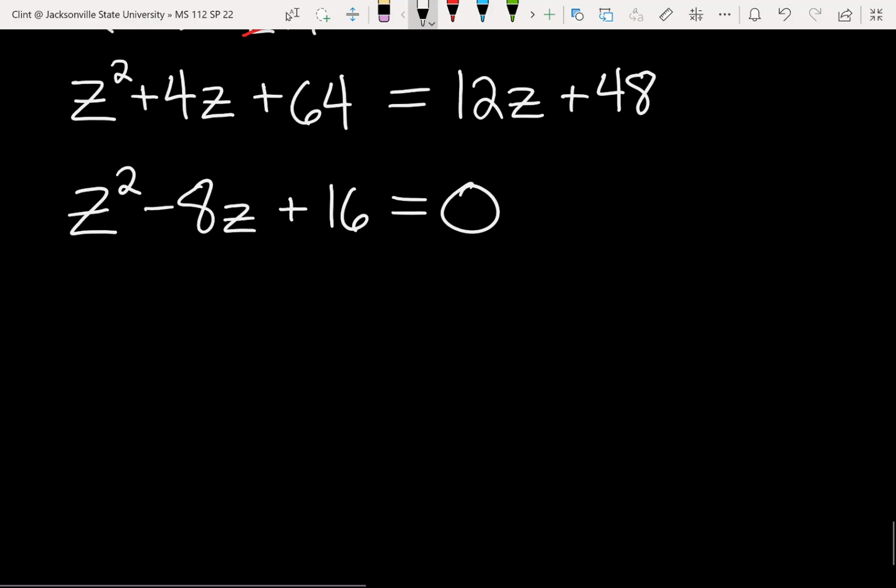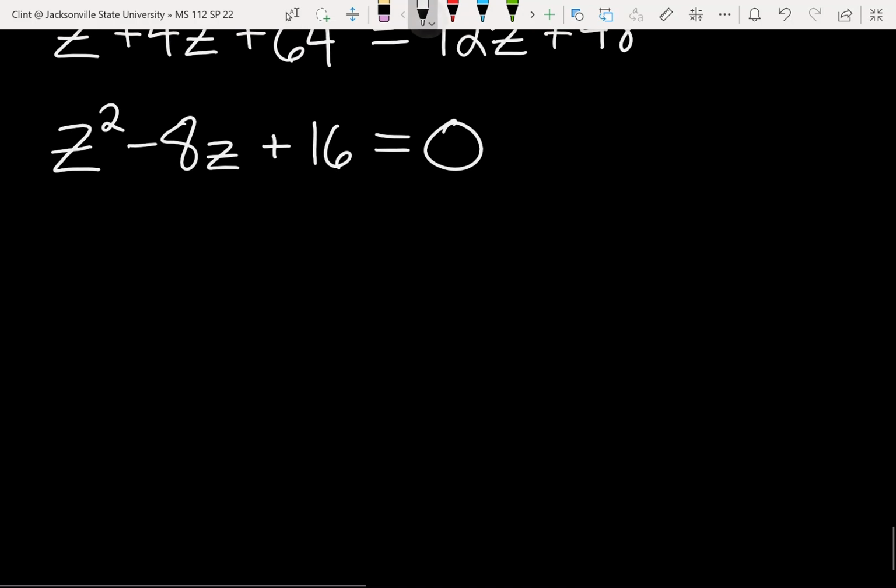I'll do quadratic here. I'll factor maybe the next one. So here we got z equals the opposite of our b.